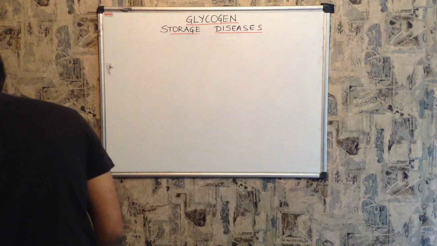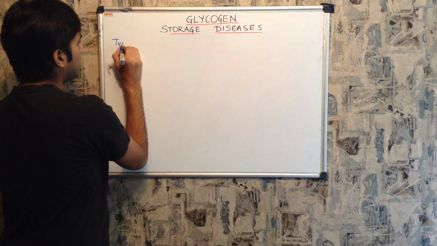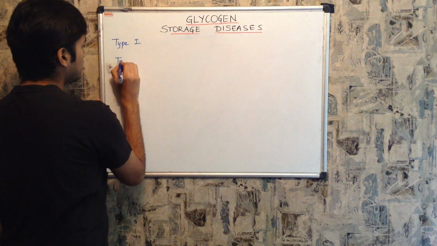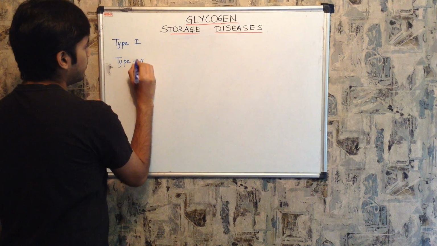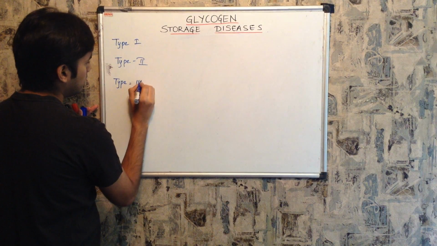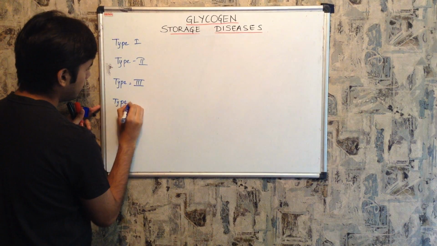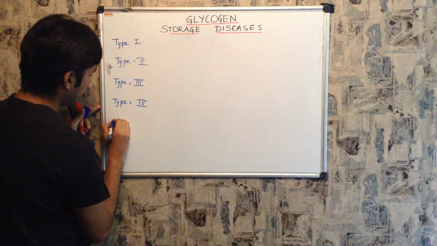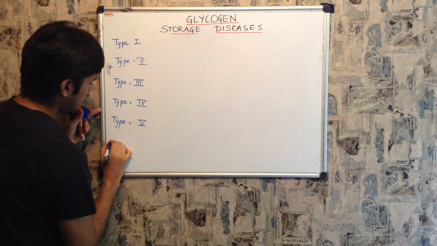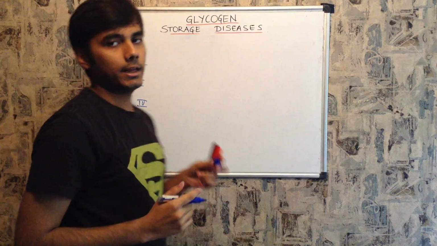So we'll have a quick overall review on these GSD, glycogen storage diseases. Type 1 disease, as I discussed. Type 2 disease. Type 3. Type 4. Type 5, and the last, type 6.